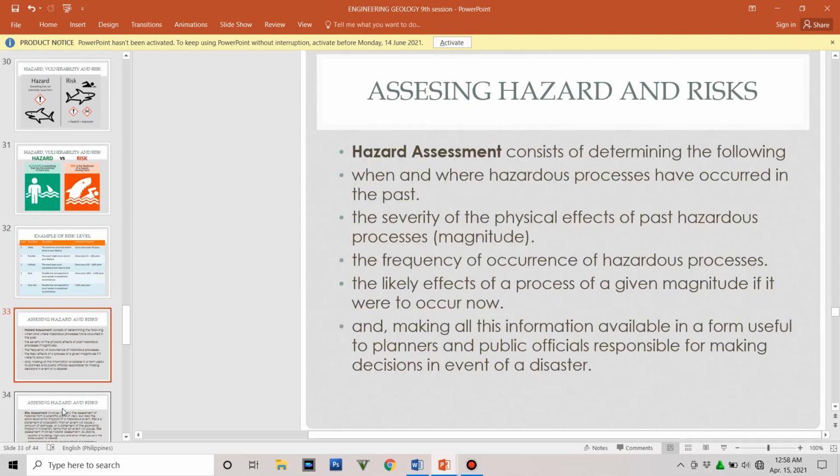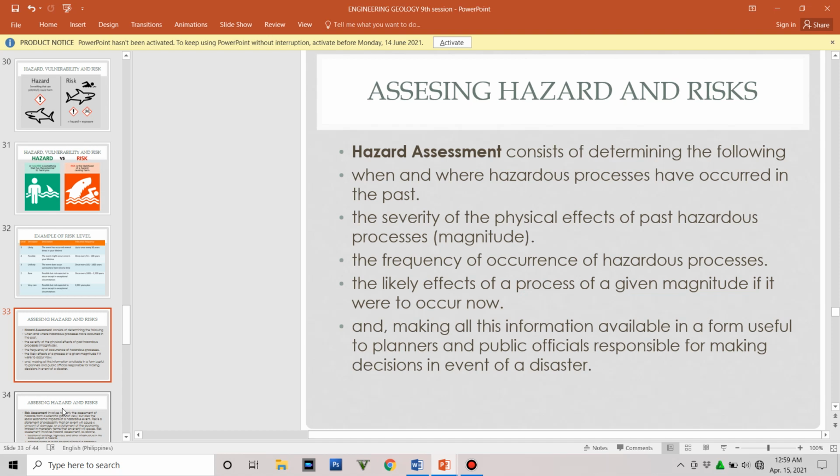So, assessing hazard and risk. Hazard assessment consists of determining the following: when and where the hazardous processes have occurred in the past, the severity of the physical effects of past hazardous processes, it refers to magnitude. And then the frequency of occurrence of hazardous processes. Ano ba?